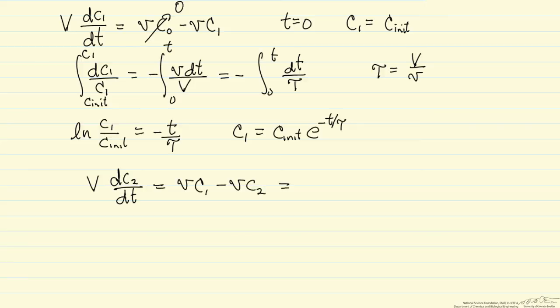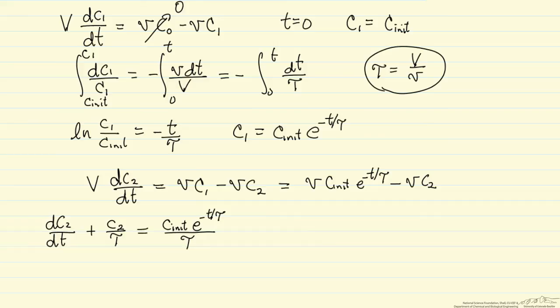Of course, we just calculated C1. Now I can rearrange this equation and also substitute for volume over volumetric flow rate in terms of tau. Now I need initial conditions for reactor 2, and that's at T equals 0, C2 equals 0.